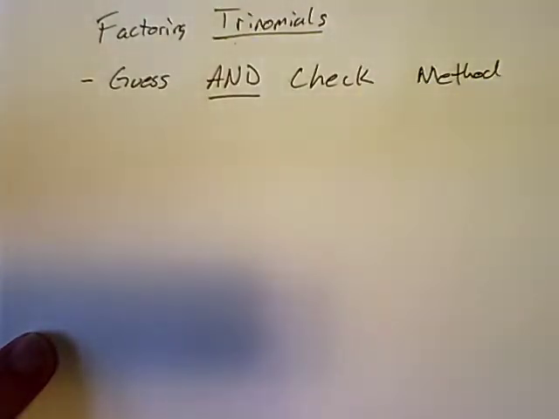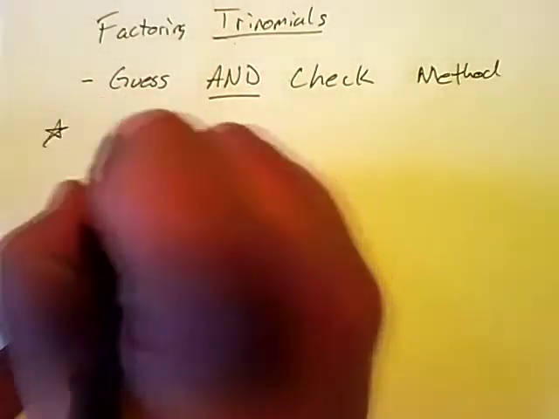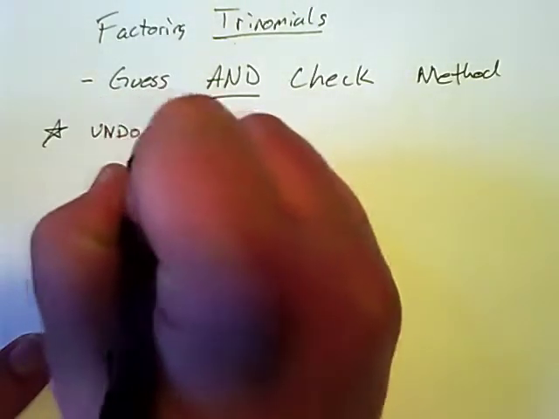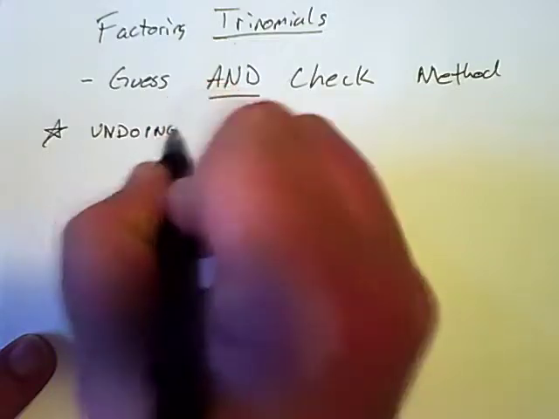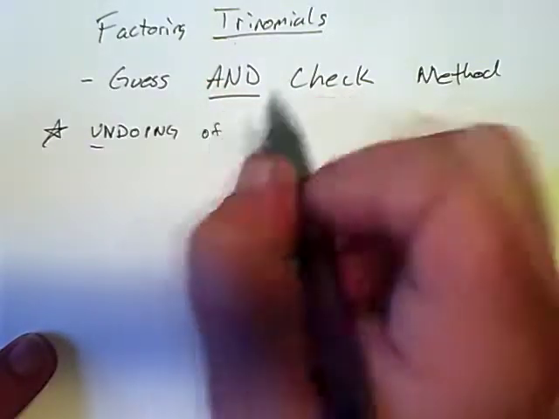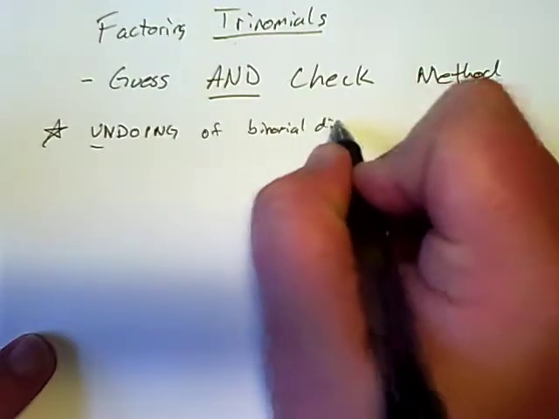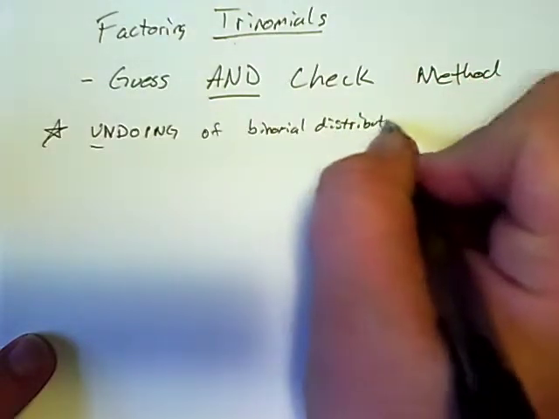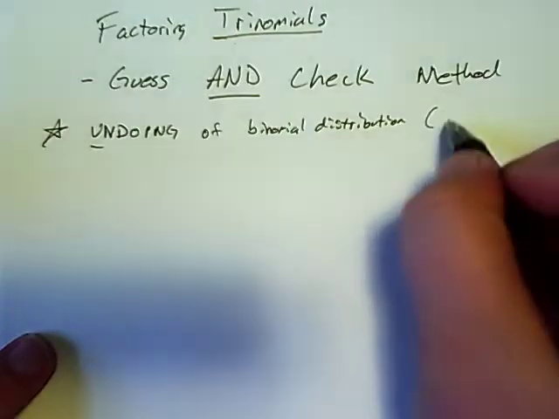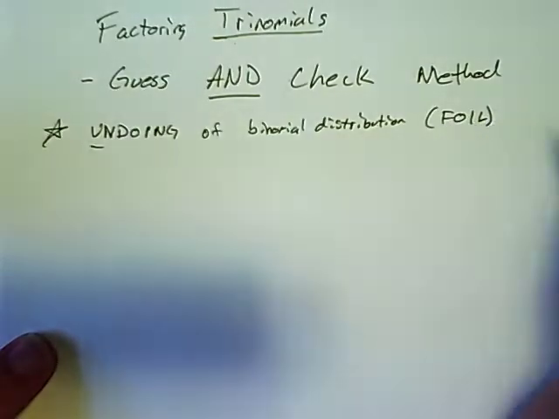All right. When it comes to the guess and check method, this requires you to have an understanding of what's going on. So I need you to understand that this is the undoing of binomial distribution, which you probably know as FOIL.